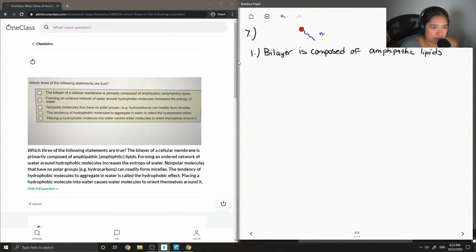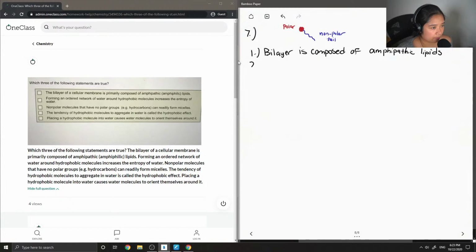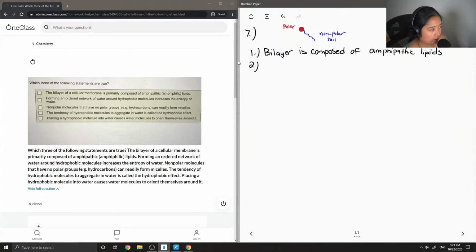So usually it's a non-polar tail, and then the head is polar. And that's what they mean by amphipathic. It has both polar and non-polar attributes to it. Let's look at 2. Forming an ordered network of water around hydrophobic molecules increases the entropy of water. That is false.